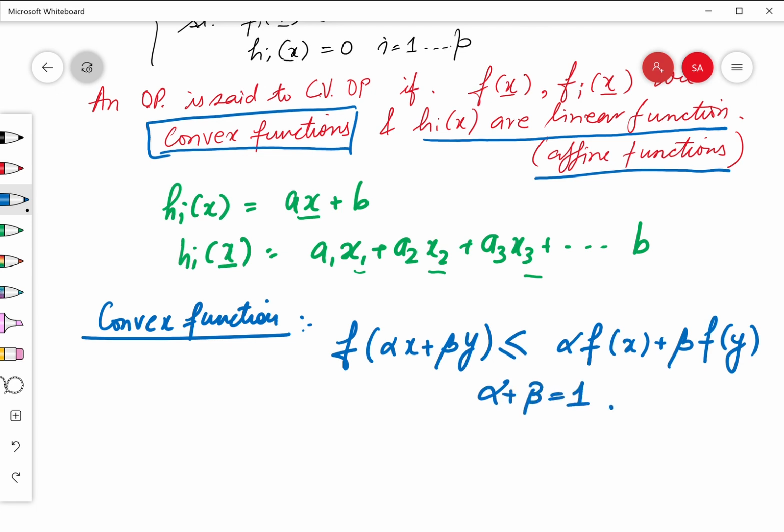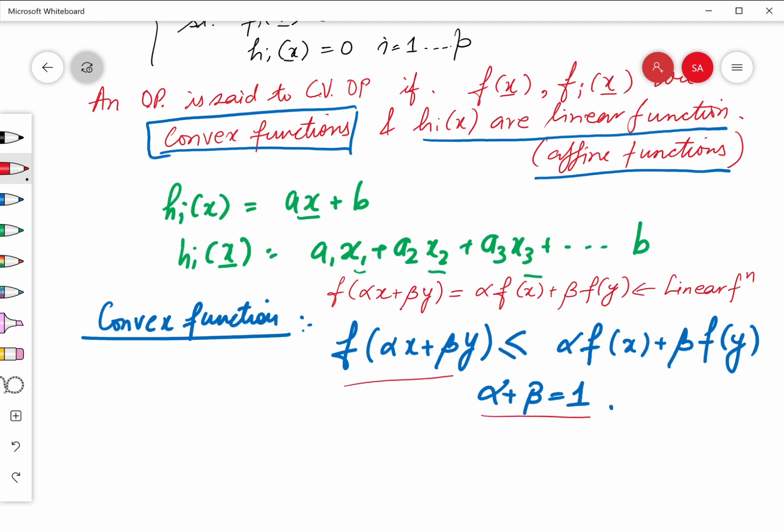Okay, so this is the proper definition of a convex function. The same thing you can put for linear functions also. For a linear function, it is f(alpha x plus beta y) is equal to alpha times f(x) plus beta times f(y). So this is for a linear function, and this is for a convex function.